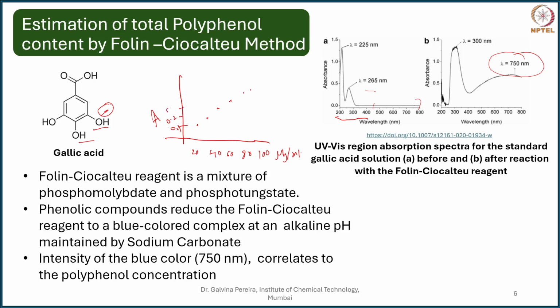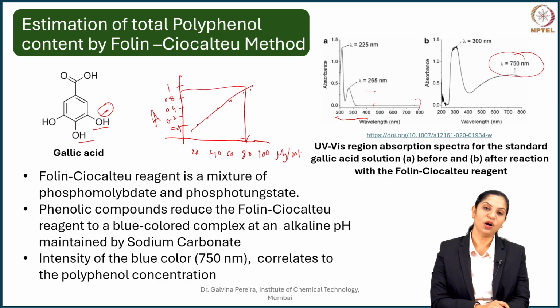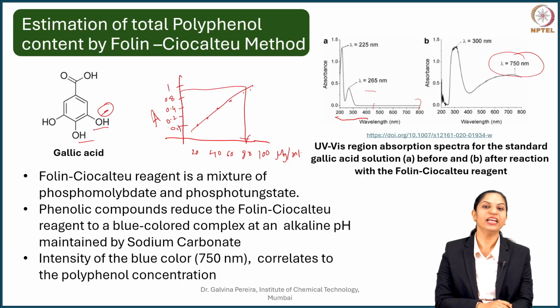So I am just rapidly putting it as 0.4, 0.81. And then once I have my graph, whenever I am plotting my unknown, I can automatically get my concentration. So this is how I determine very easily my total polyphenol content, tannins inclusive of it.